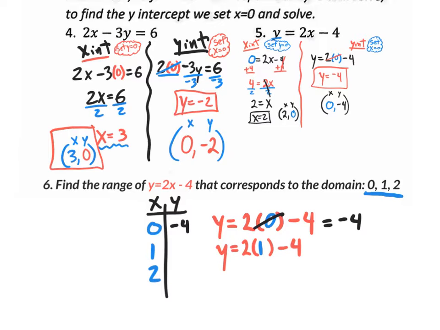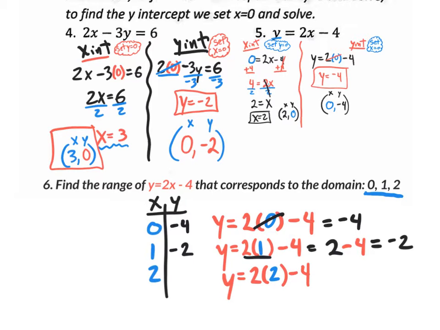So again, 2 times 1, that's simply 2. So we really have 2, and then we have the -4 after that. And we know that 2 minus 4 is -2. So we get -2 as our output for the input 1. Let's go for the last one. That would be plugging in the value of 2 into the x position, and figuring out what the y value is going to be.